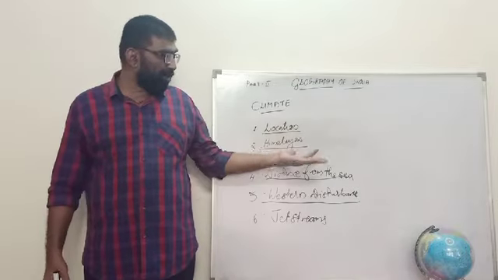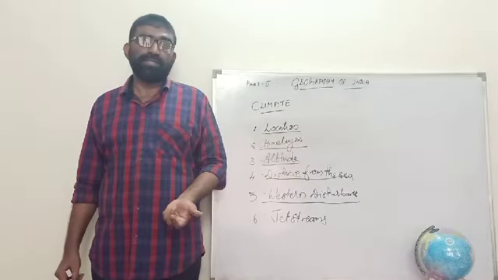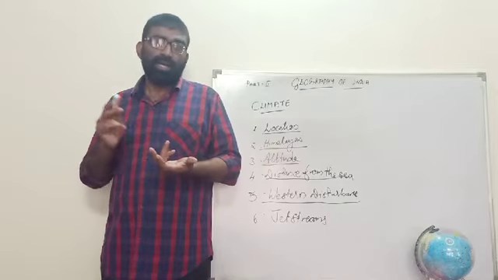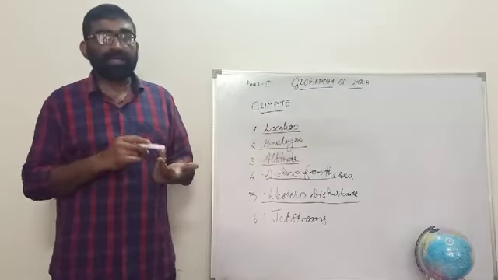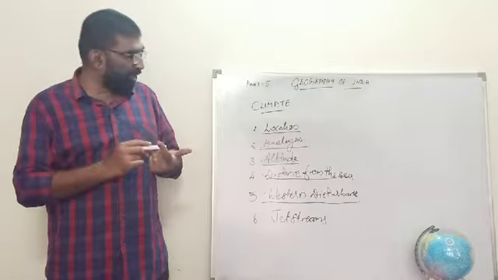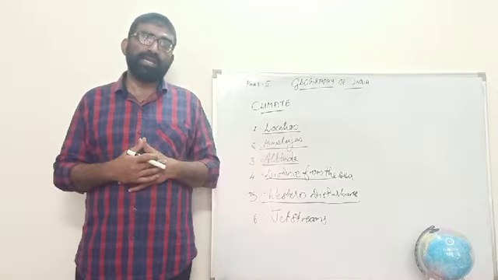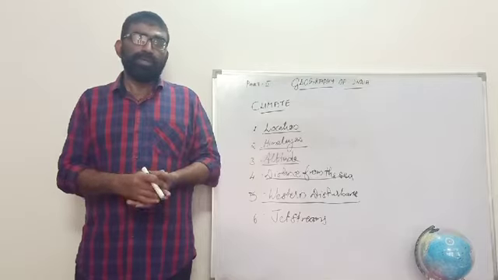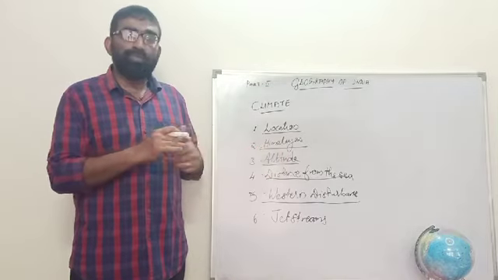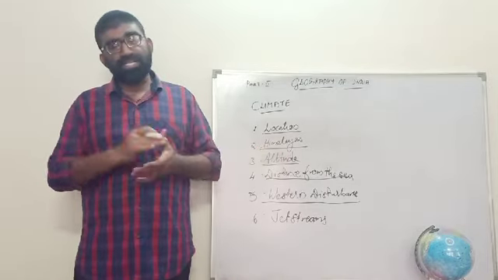And this is mainly because of these factors: the location of India, latitude of Tropic of Cancer, Himalaya mountains, altitude, distance from the sea, western disturbances and jet streams. So, next class we will discuss the mechanism of monsoon.